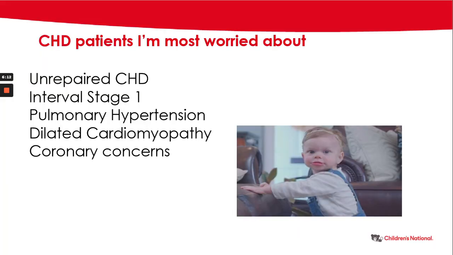Among those patients with congenital heart disease, which ones tend to give me the most concern? These are those with unrepaired congenital heart disease, those who are interval stage 1 or have had a Norwood or Sano, those with pulmonary hypertension, those with dilated cardiomyopathy, and those with coronary concerns. Among those who are interval stage 1, these patients often have a Blalock Taussig or a Sano shunt.